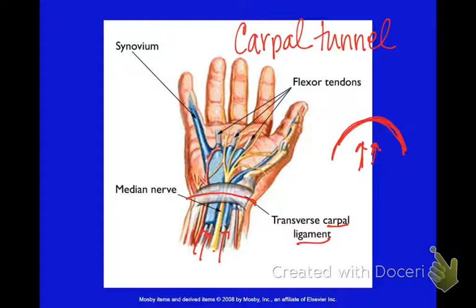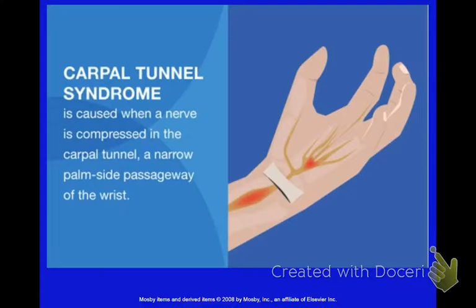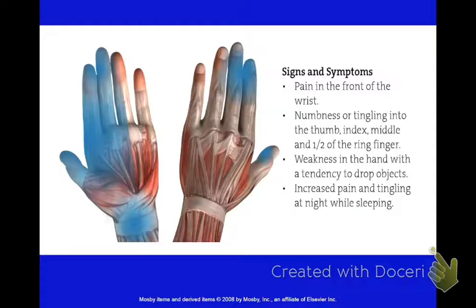And through lots and lots of repetitive motion, you can cause inflammation, which will affect the median nerve, compress the nerve, and cause pain in your wrist, numbness and tingling, weakness in your hands, you tend to drop things, and increased pain and tingling at night.